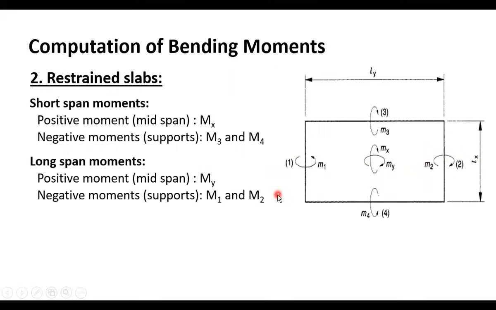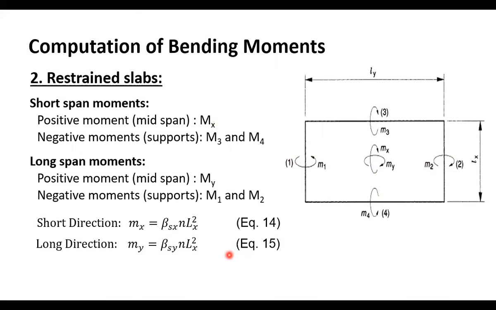How can we get these 6 moments? We can do that using equations 14 and 15. Equations 14 and 15 are very similar to equations 10 and 11 in the case of simply supported, but the only difference is that instead of alpha sx and alpha sy in equations 10 and 11, here in equations 14 and 15, we have beta sx and also beta sy.